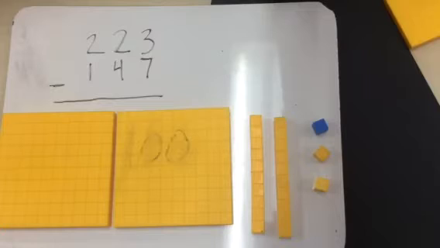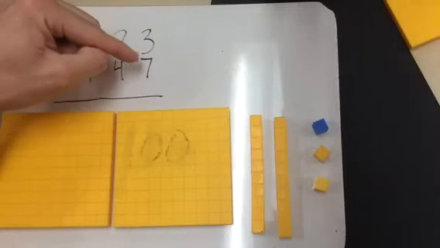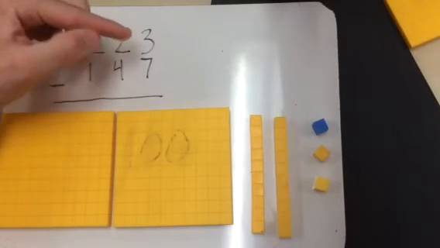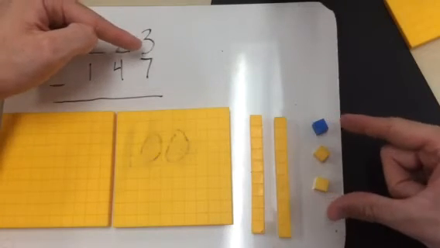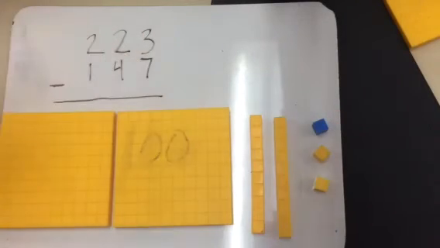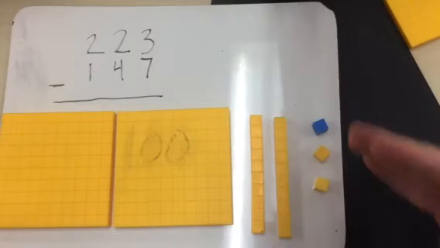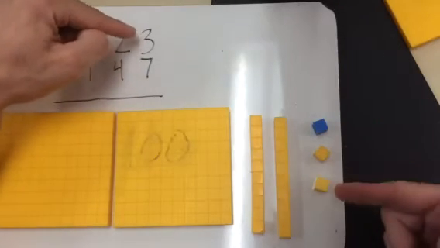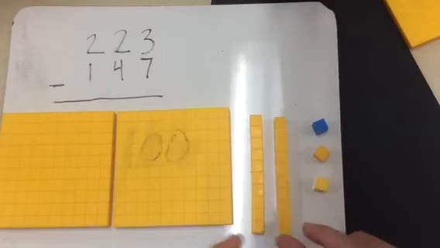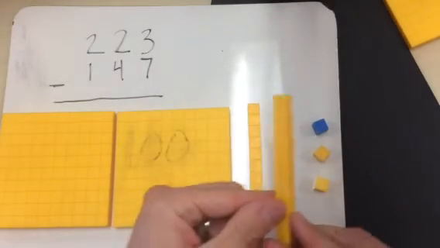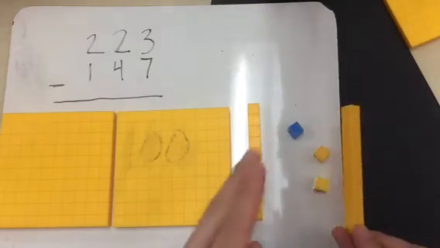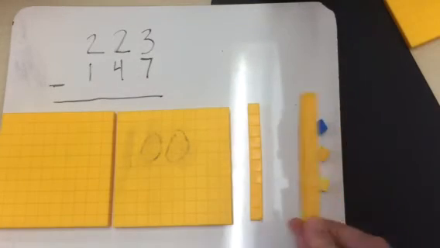So to do that, we're going to start by subtracting our individual units here. Okay, we've got three individual units. All right, we want to subtract 7, but wait a second, you can't take 7 away from 3. So what we've got to do is take one of these groups of 10 and give it to the individual units. We're going to have 10 individual units here.